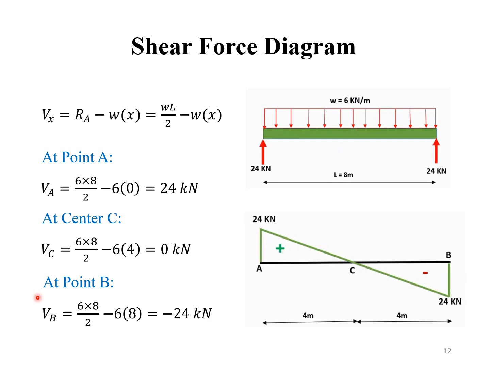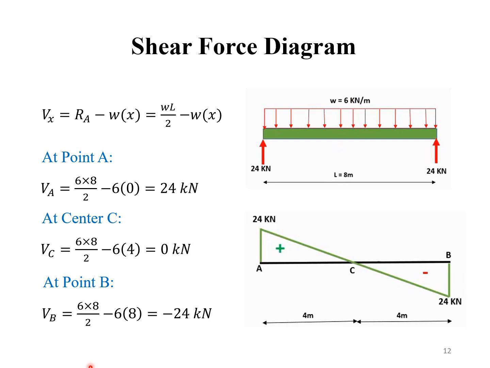First of all, we will calculate the shear at point A, then at the center of the beam, point C, and the end point B. Let's start the calculation of shear force at point A. RA is the support reaction, and the plus sign shows it acts in the upward direction, and the minus sign shows the UDL acting in the downward direction.